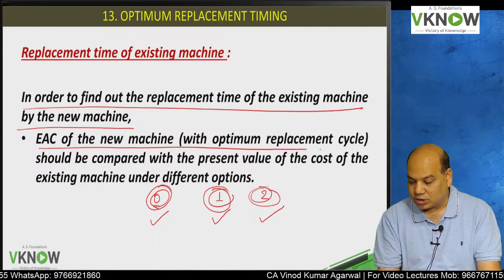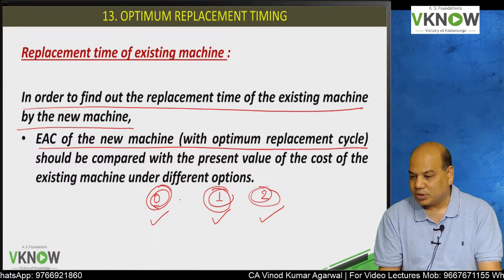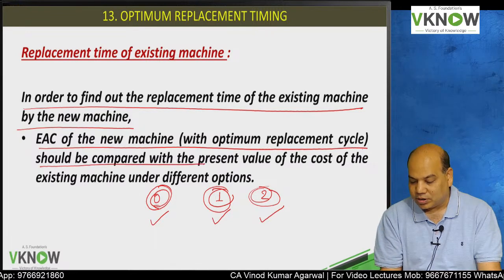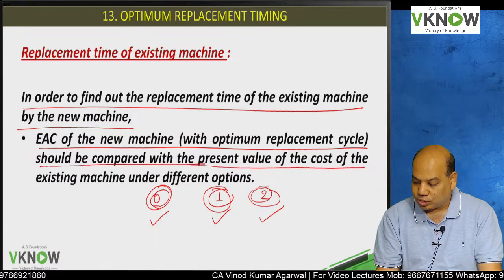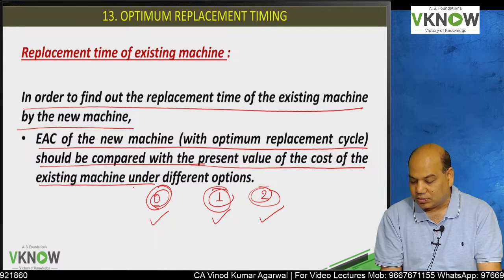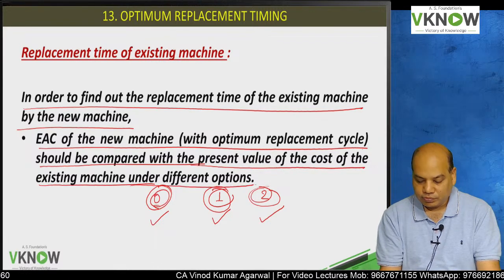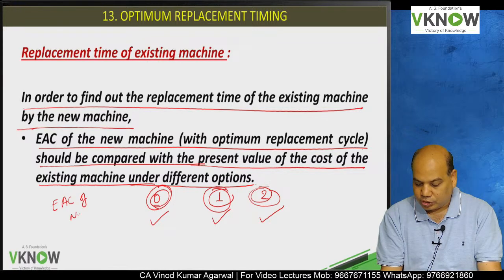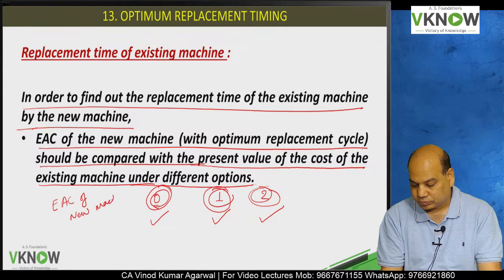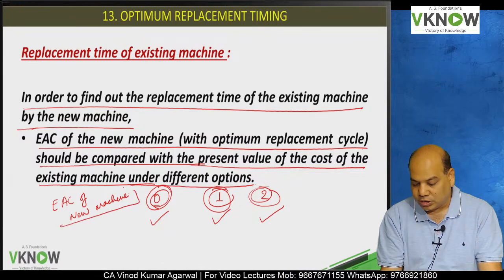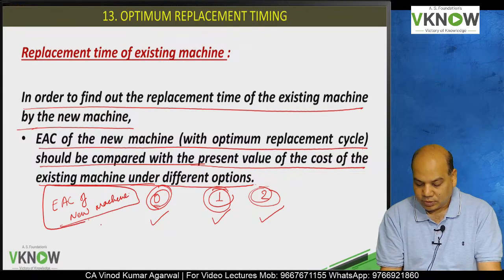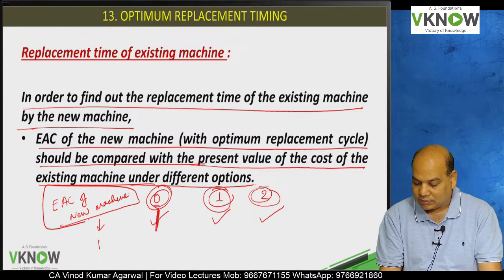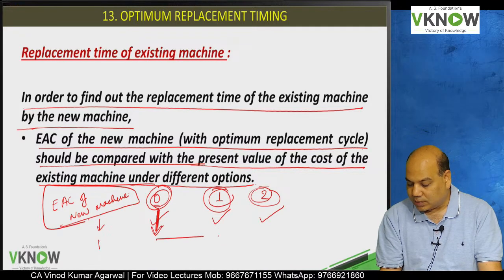EAC of the new machine with optimum replacement cycle should be compared with the present value of the cost of the existing machine under different options. So we will compute the EAC of the new machine, and then we'll compare with, if I replace here, what will be my present value?